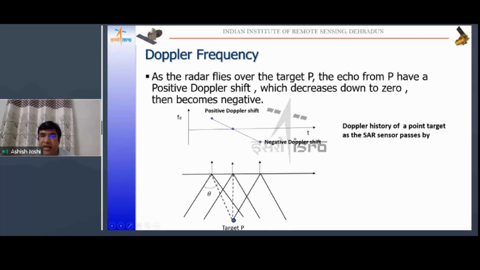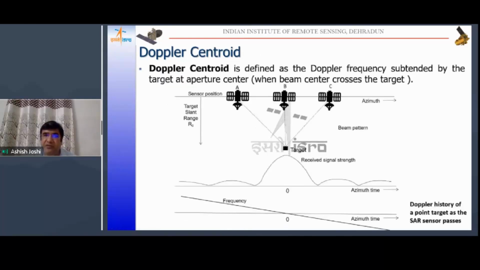As the SAR sensor moves over the target, first it will be positive, meaning the frequency will increase as it approaches the target. Here it becomes zero, which is called the zero Doppler, and then it will become negative. From here to here, this is the Doppler history: first the Doppler will be positive and then negative. Due to this change in the Doppler frequency, we get the linear frequency modulated signal in the azimuth direction.